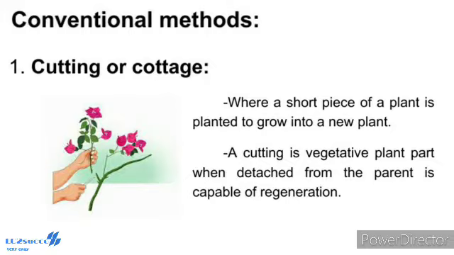A cutting is a vegetative plant part which, when detached from the parent, is capable of regeneration. Cuttage is a cheap and convenient method of vegetative propagation. It is used in the propagation of ornamental plants and in some fruit yielding plants.